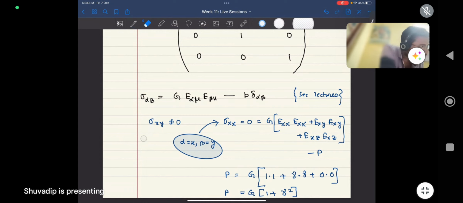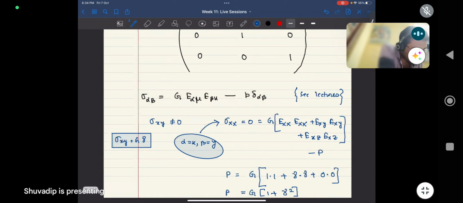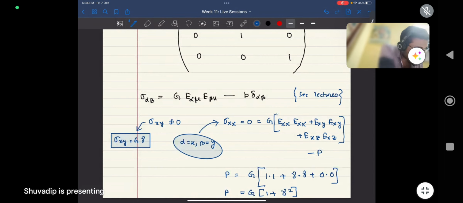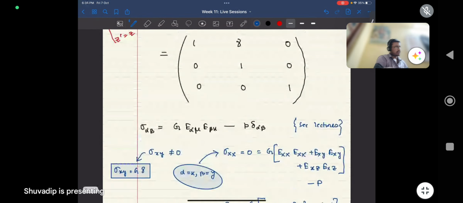So that relation will give you sigma xy equal to G into gamma. This relation you will get if you use sigma xy, but we know that all the other sigma are 0. So sigma xx we will use to calculate the pressure. Instead of this you could have used something else like sigma yy.